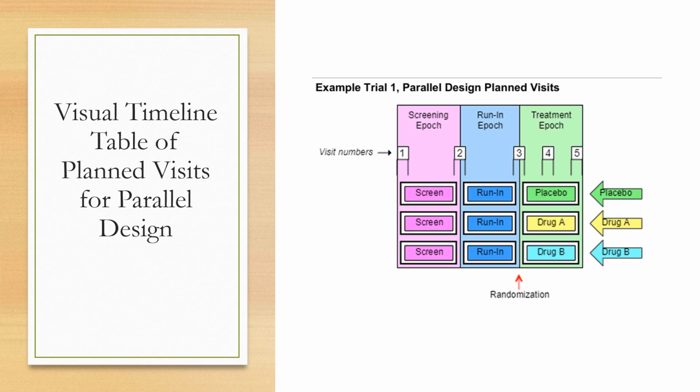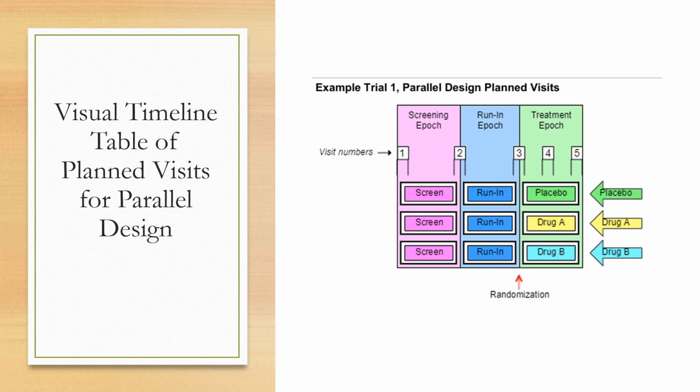Since this is a parallel design study, you can see that the difference is happening inside the treatment epoch. In the first arm, which is the placebo arm, the subject will undergo screening, run-in, and placebo, and in the second arm the subject will go through screening, run-in, and drug A. Similarly, for the third arm, the subject will undergo screening, run-in, and drug B.